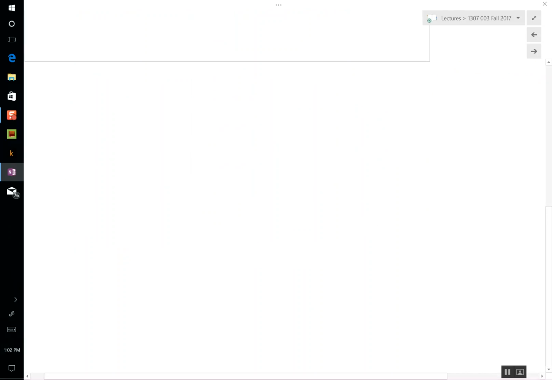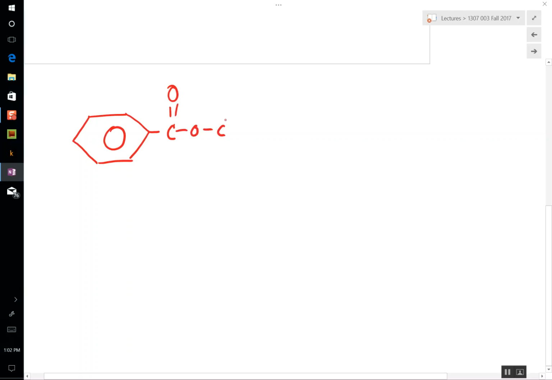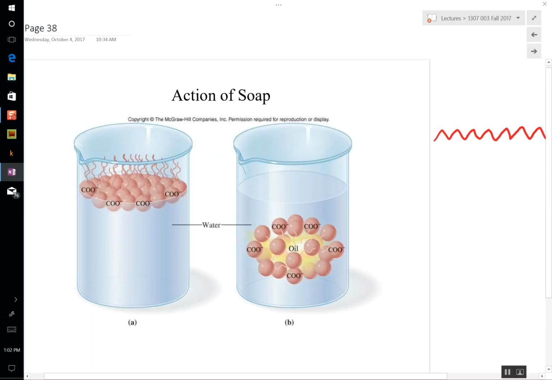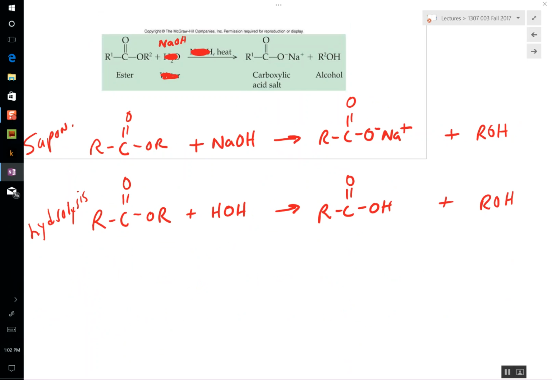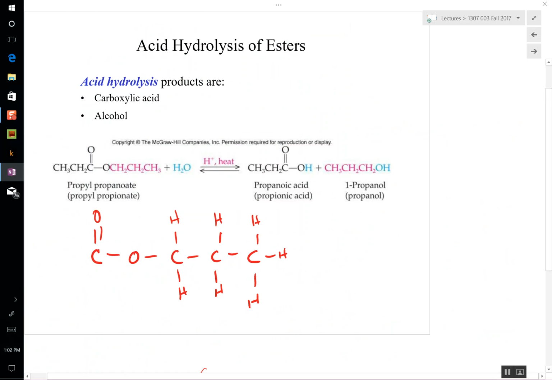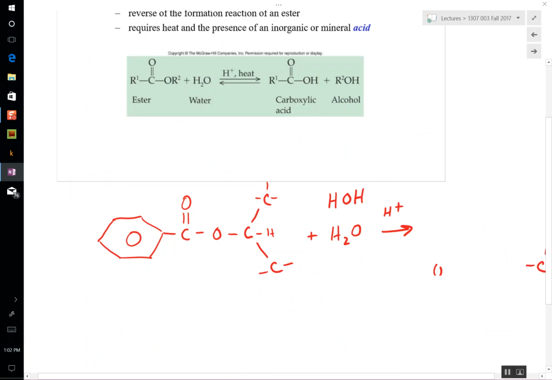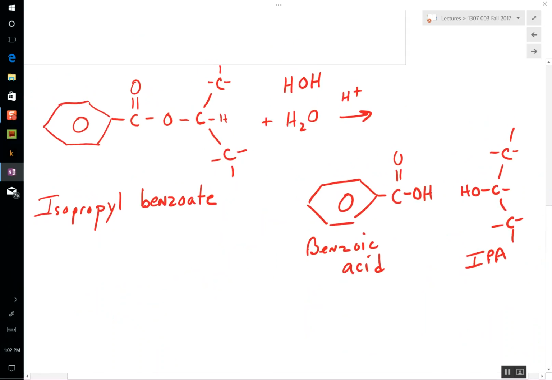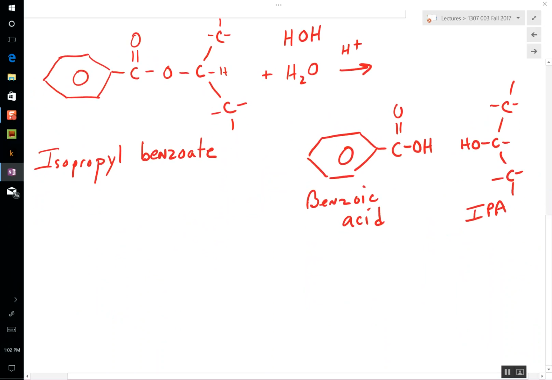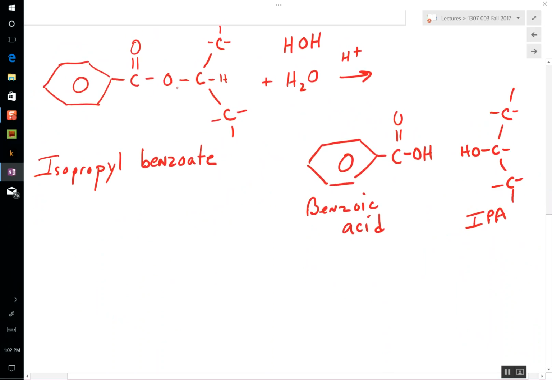Okay, before we move on, let's go back to this same little ester we had a minute ago. Maybe what I should do here is go back. Okay, there's the hydrolysis of this ester, isopropyl benzoate.